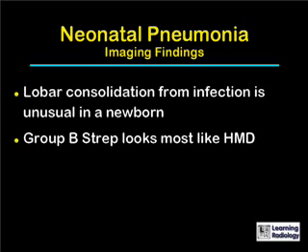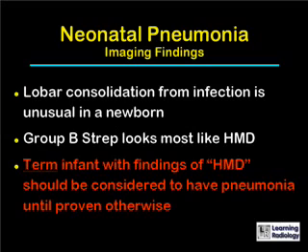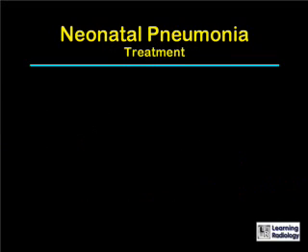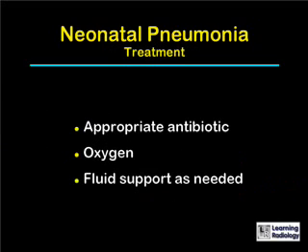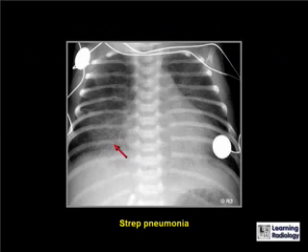Group B strep looks the most like hyaline membrane disease, but if you have a term infant with imaging findings that look like hyaline membrane disease, the infant should be considered to have pneumonia until proven otherwise. Treatment includes the appropriate antibiotic, oxygen, and fluid support as needed.